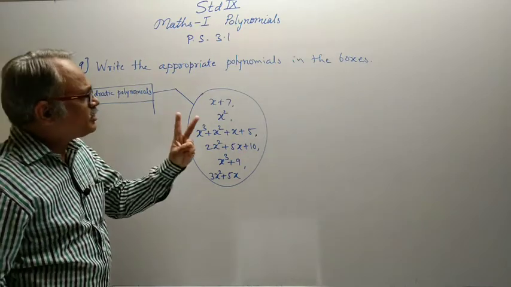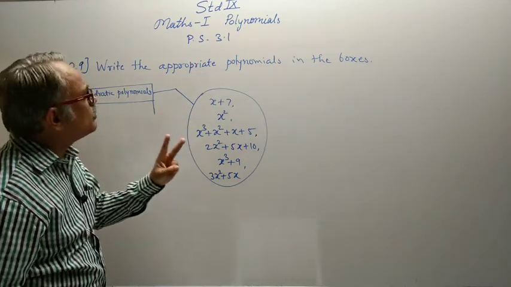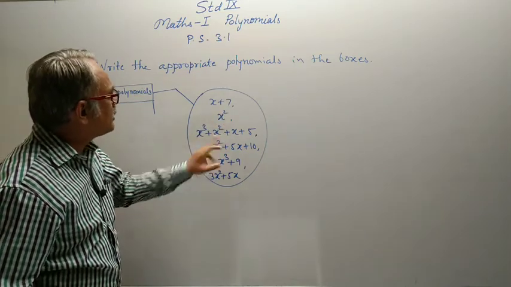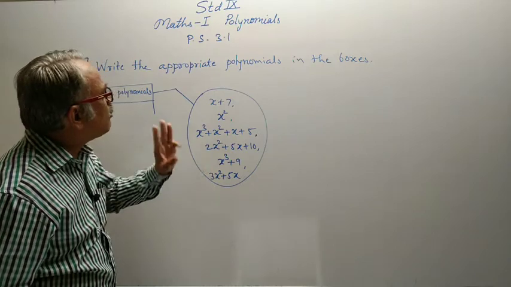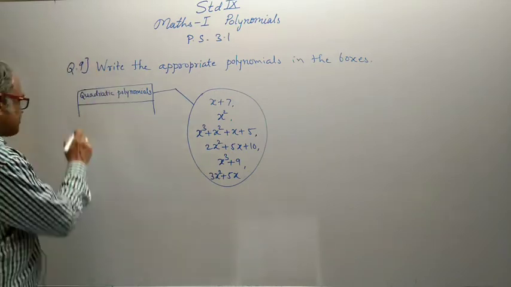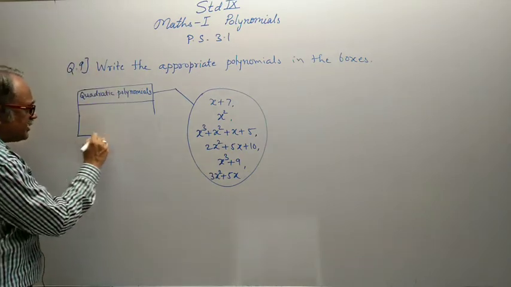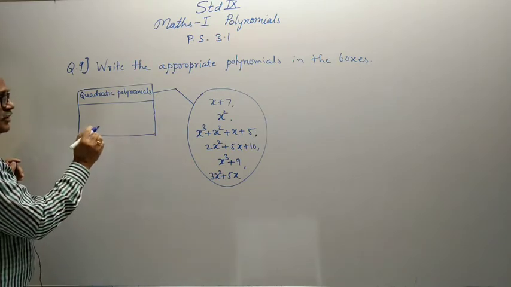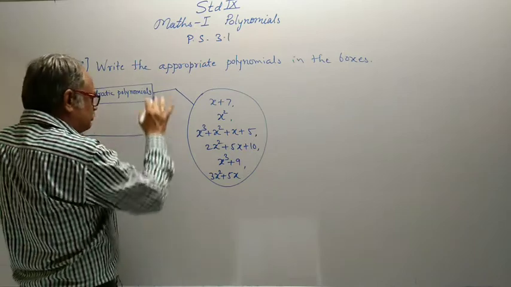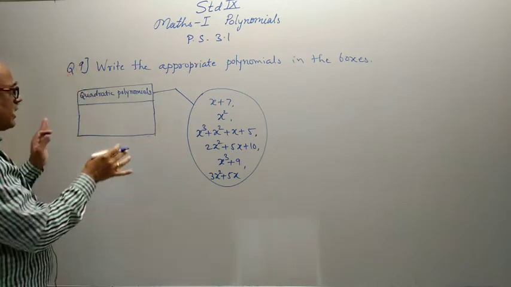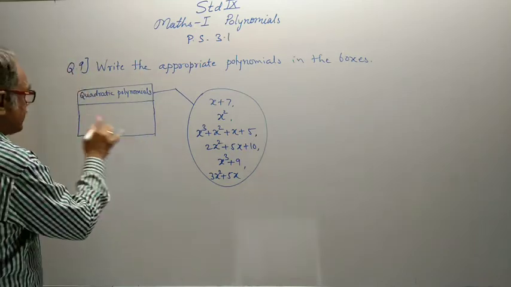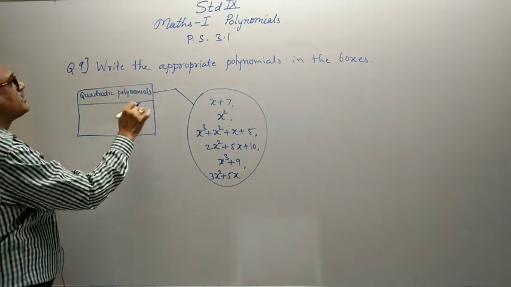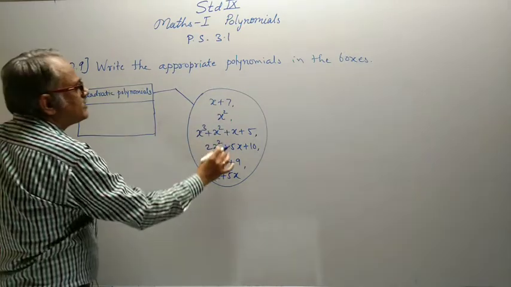Quadratic means degree 2, maximum index 2. How many are they? 3. So that much place you must write here. Don't write only one line. Don't look at the book or question paper and first draw. First decide and then make it. Make all these borders with pencil first, and the inner material should be written with pen.